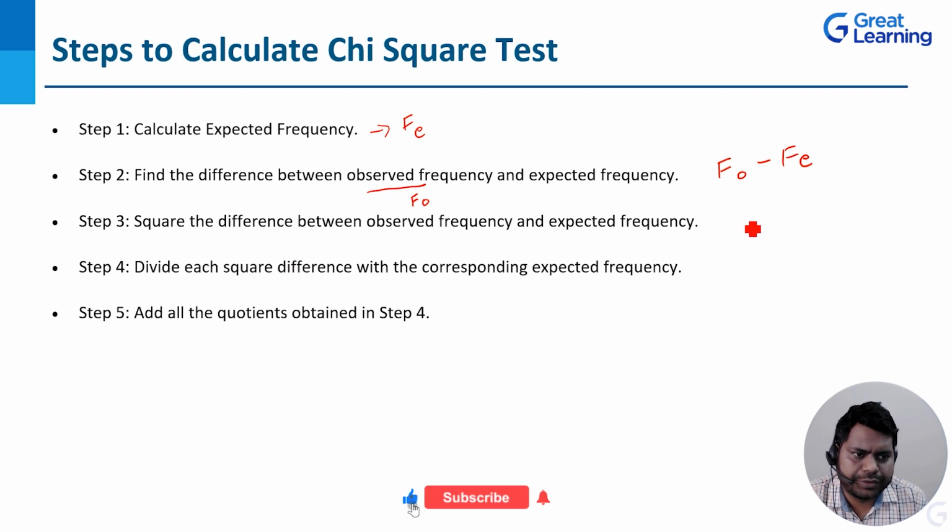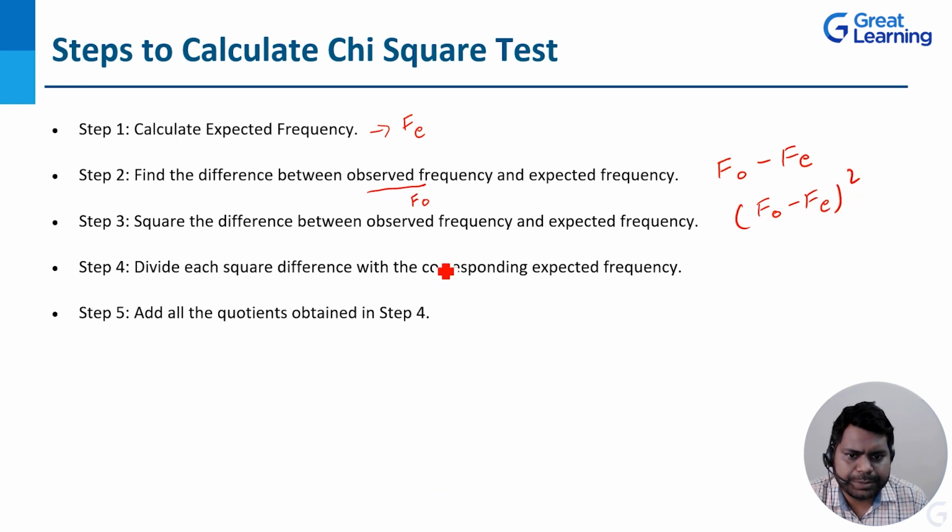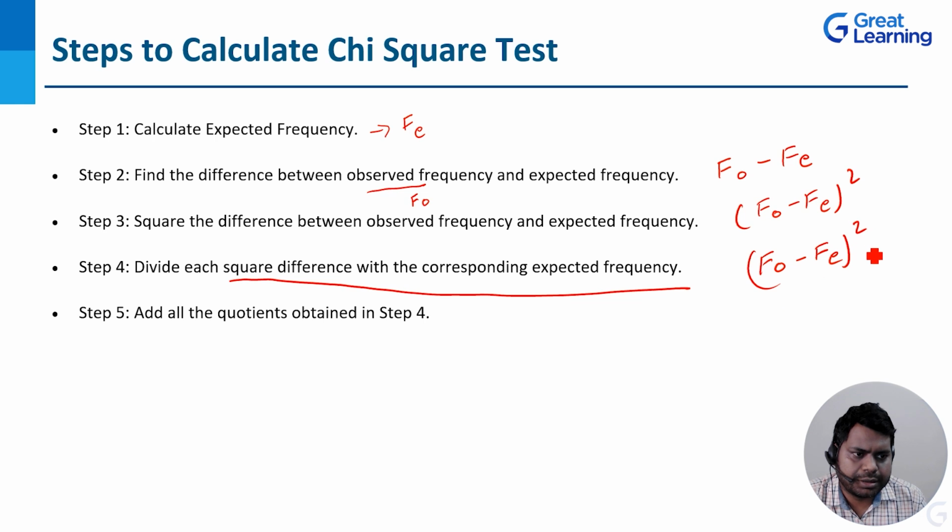Then next we will do square of f of o minus f of e. The next step will be we will divide this square with the corresponding expected frequency. That is f of o minus f of e square whole divided by f of e. And then we will add all the quotients in step 4.